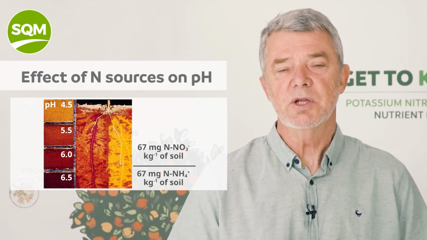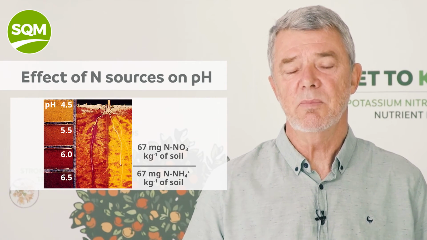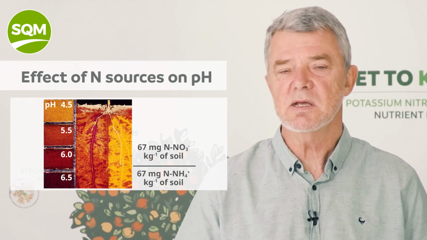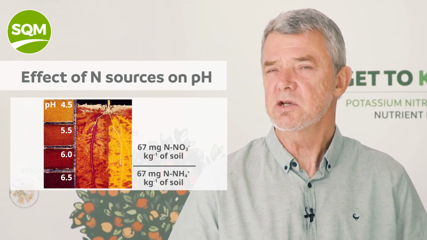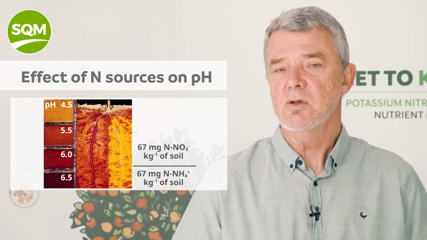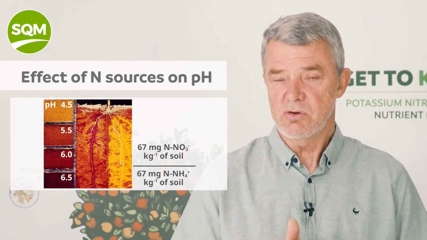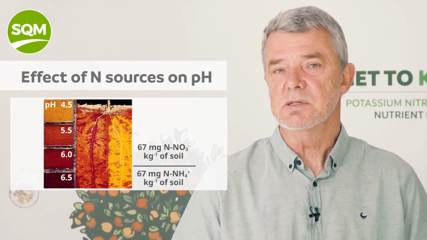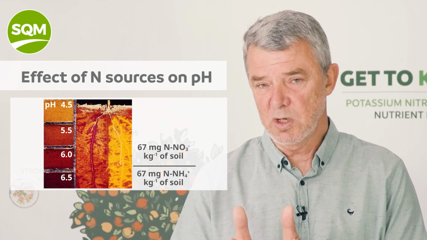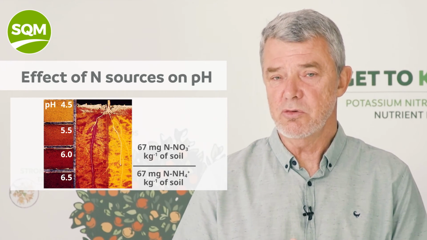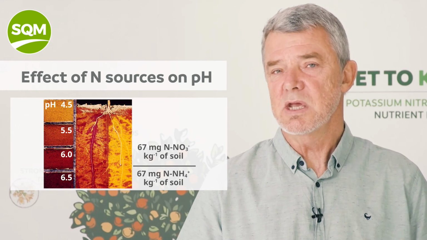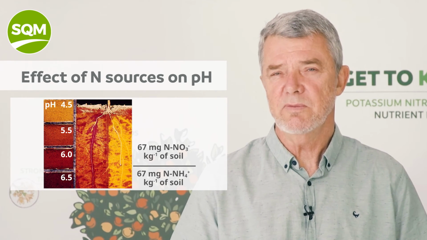Then the middle picture is the same plant, it just has a glass separation, where the left-hand side was using nitrate fertilizer only, and you can see how the pH around those roots is around 5.5 to 6, and the glass portion of that same plant root on the right-hand side was ammonia fed, and you can see how the pH has dropped to even less than 4.5.